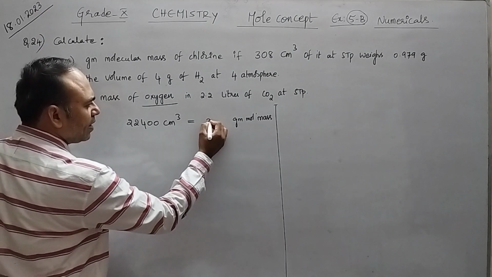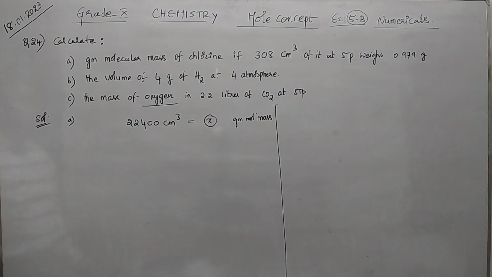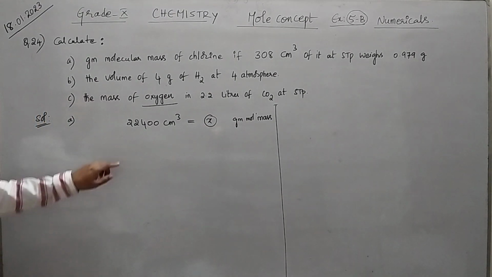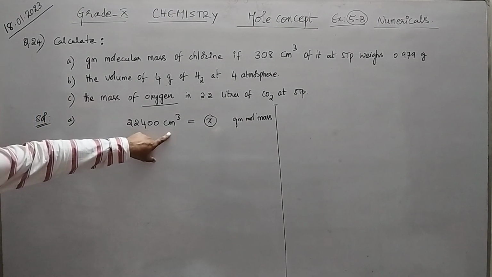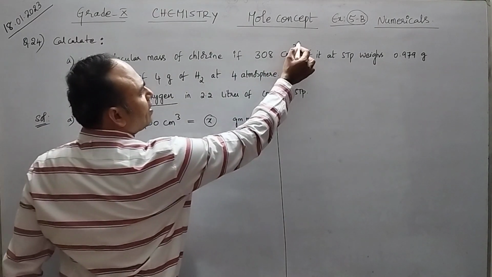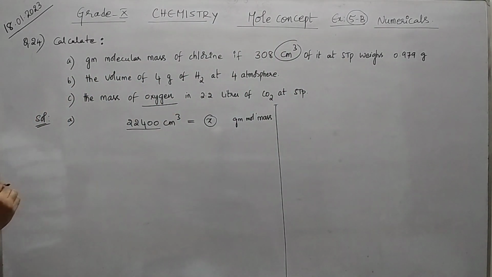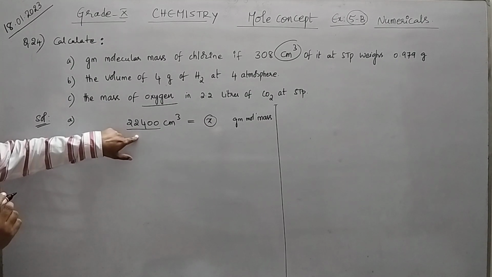Fine. So let us take it as X grams here. So whenever you want to take 1 mole, gram molecular mass occupies the volume of 22,400 centimeter cube. So here it is centimeter cube, therefore we have taken 22,400. Otherwise we know that it is 22.4 liters.